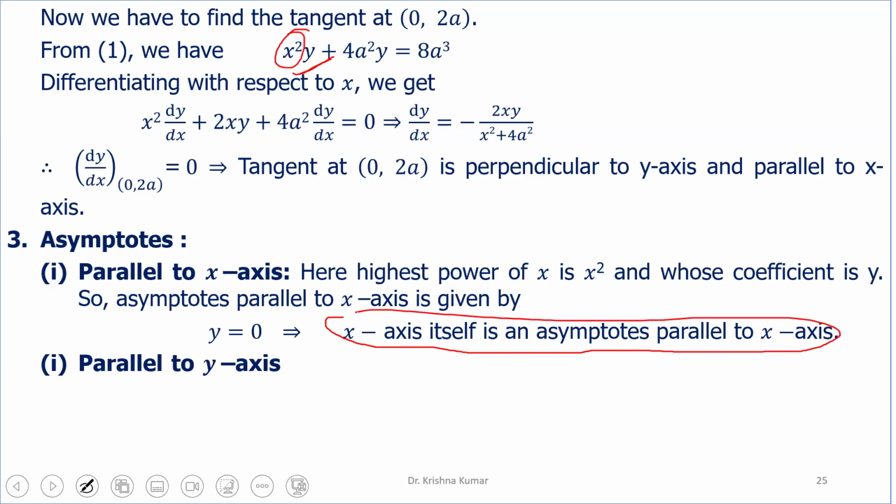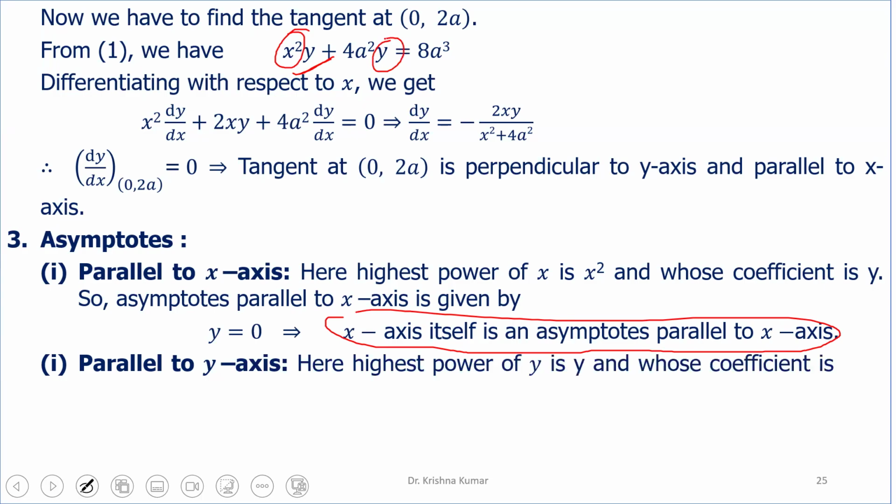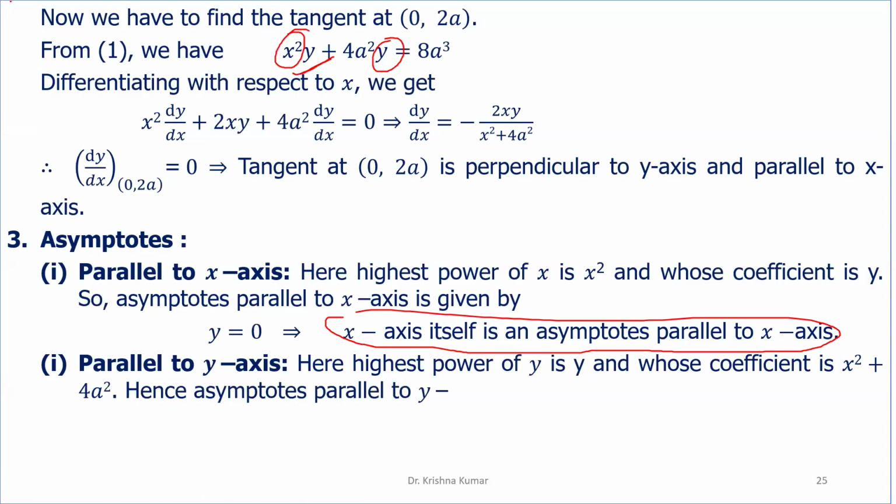Similarly, the highest power of y is 1, whose coefficient is 4a square, which is an absolute constant, so it cannot be equated to 0. So there is no asymptote parallel to the y-axis.